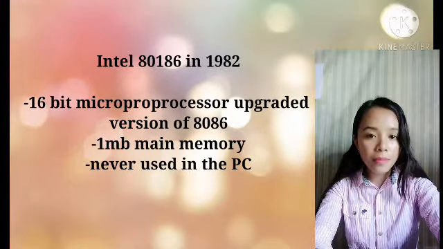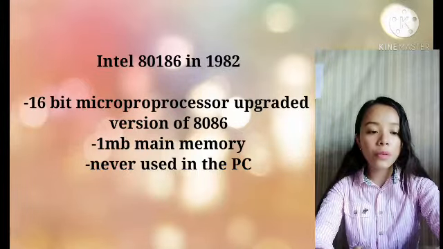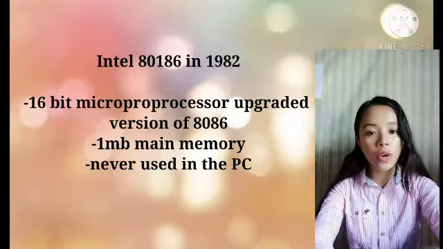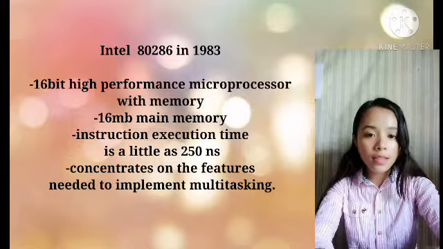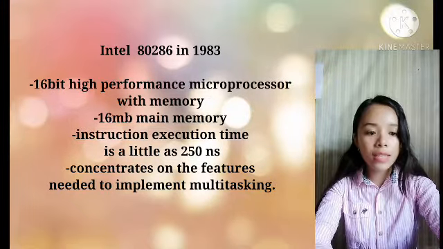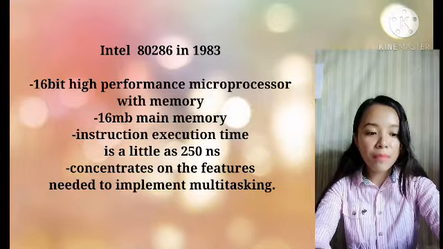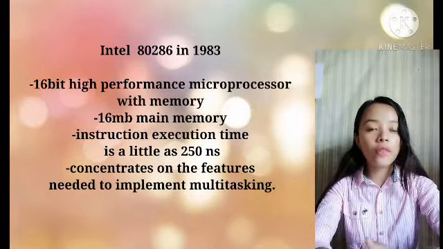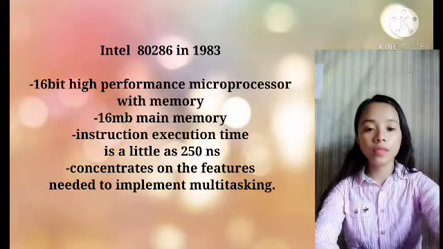It has 1 MB main memory, a 16-bit microprocessor, is an upgraded version of the 8086, and was never used in PCs. Next is the Intel 80286 in 1983. It has 16 MB main memory and concentrates on the features needed to implement multitasking.